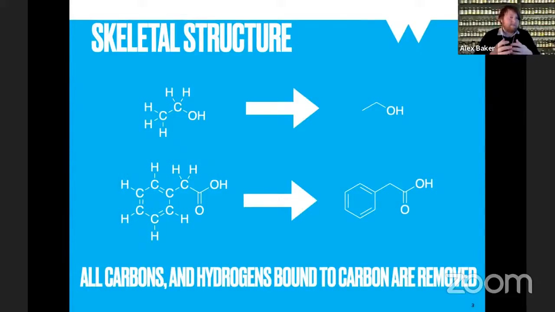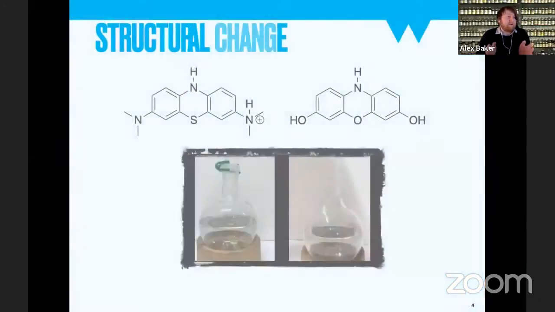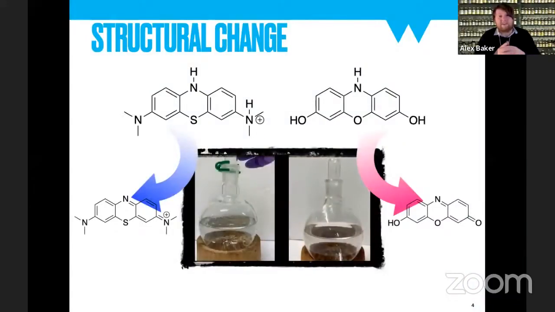We do this because carbon and hydrogen are incredibly common in organic chemistry. And what we're left with are these skeletal structures where every connection is a carbon with the right number of hydrogens attached to it.